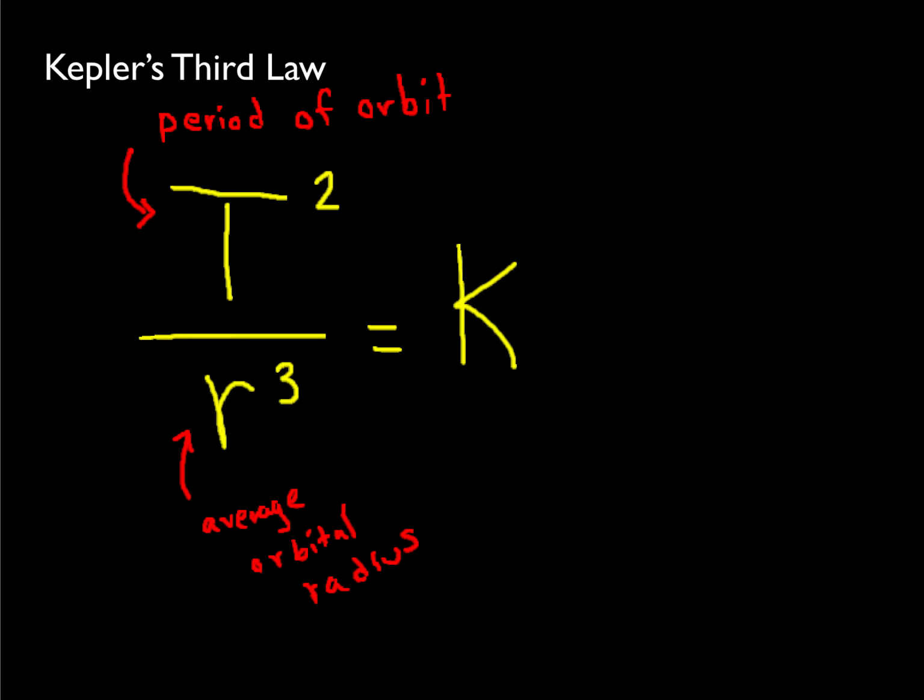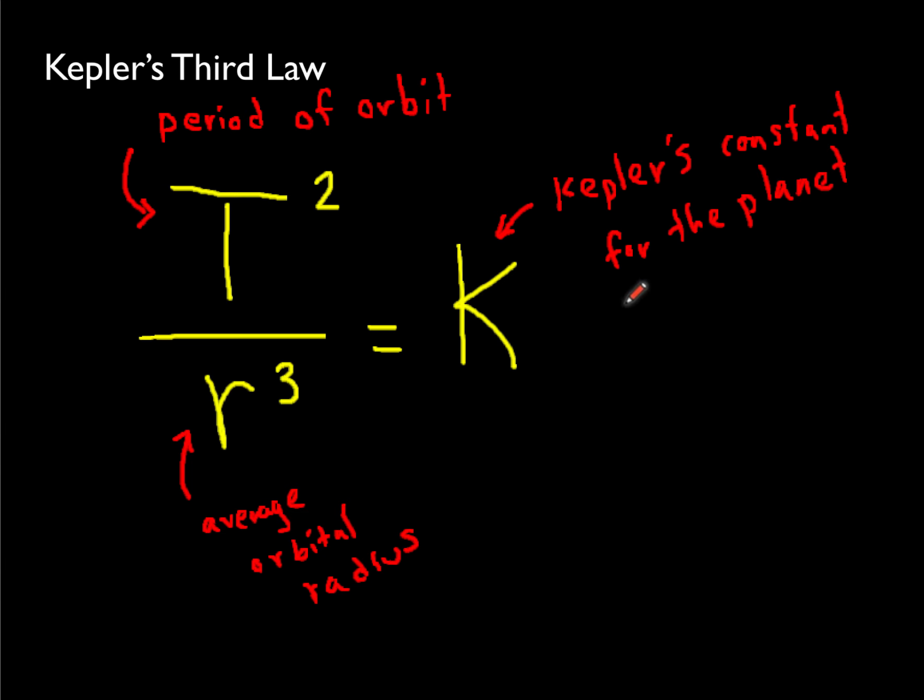And k could be any number depending on the object that's being orbited around, but it will be the same number for that object. This is what we call Kepler's constant. Kepler's constant will be the same for any planet or sun that is being orbited around.